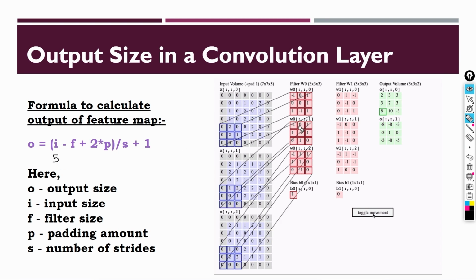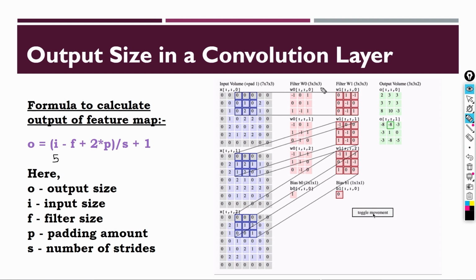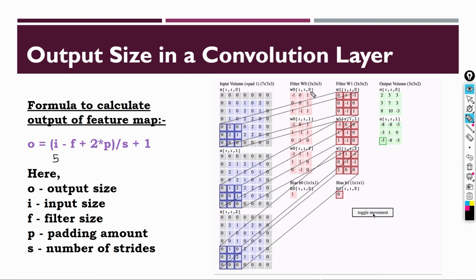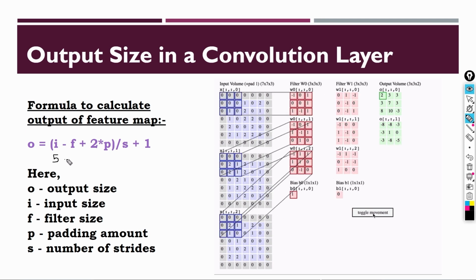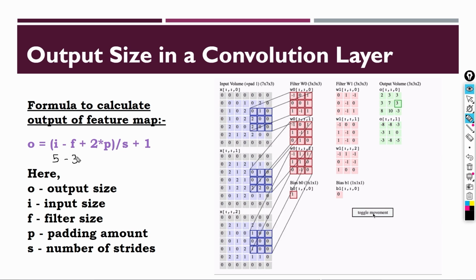And then what is F? F is the size of the filter. We don't care about how many channels there are, we just care about the dimensions: what is the height, what is the width. Right now, because both are the same, I'll just use it one time. That is going to be 3 in this case, 3 cross 3, so 3.